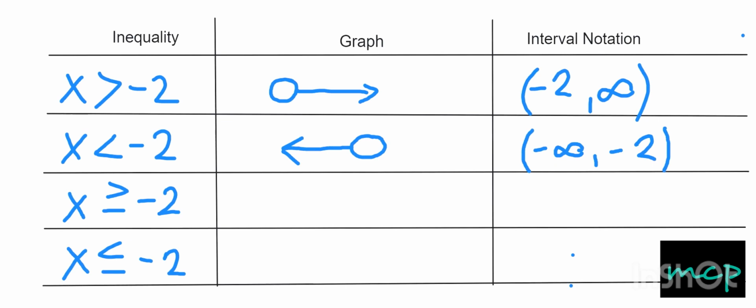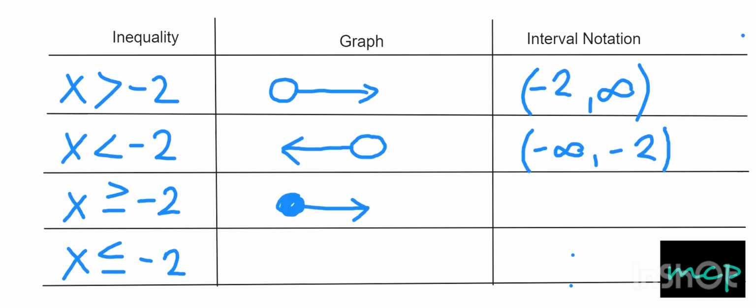Now the third one is greater than or equal to. The difference in this case is that you have to use a filled-in circle. And then greater than, so you have to make a ray going to the positive infinity. So for the interval notation, since it has an equal sign, and of course, you also need to start from the left side based on the graph.